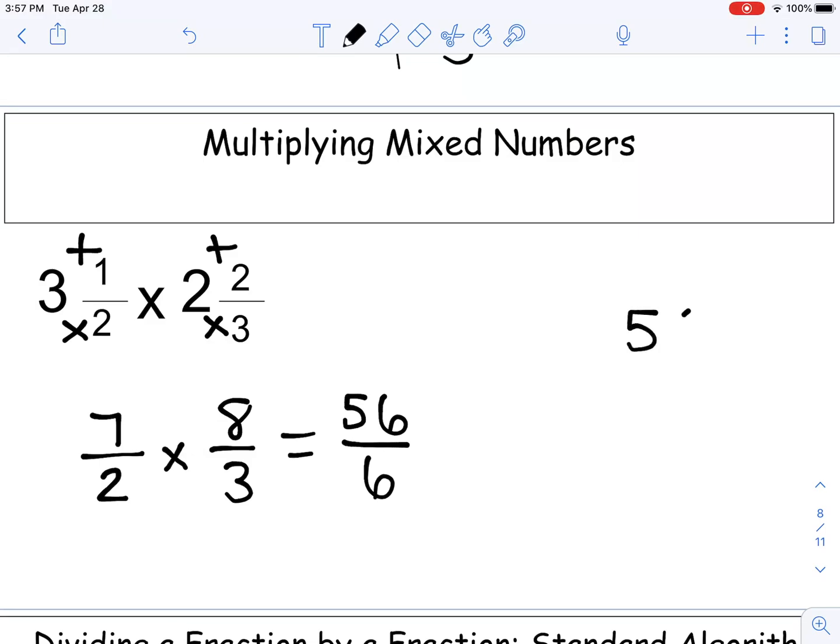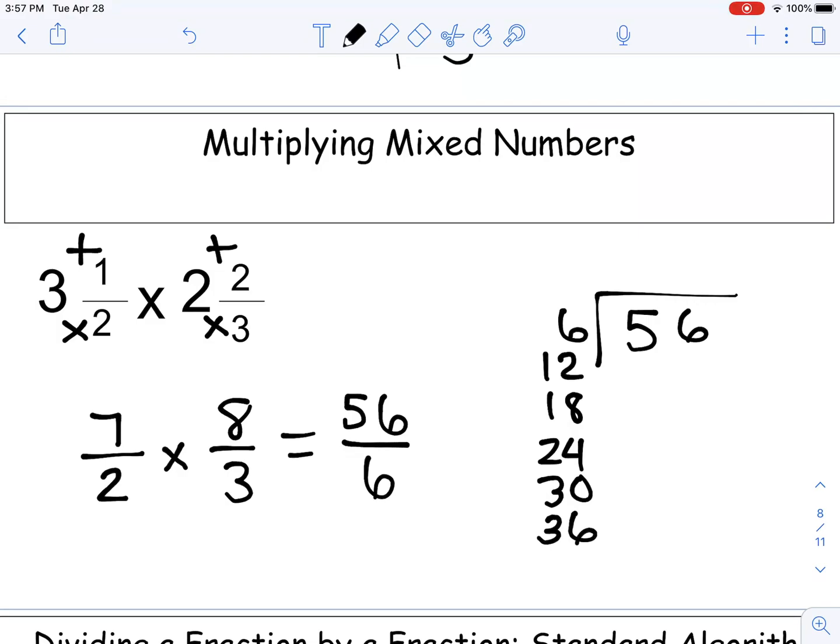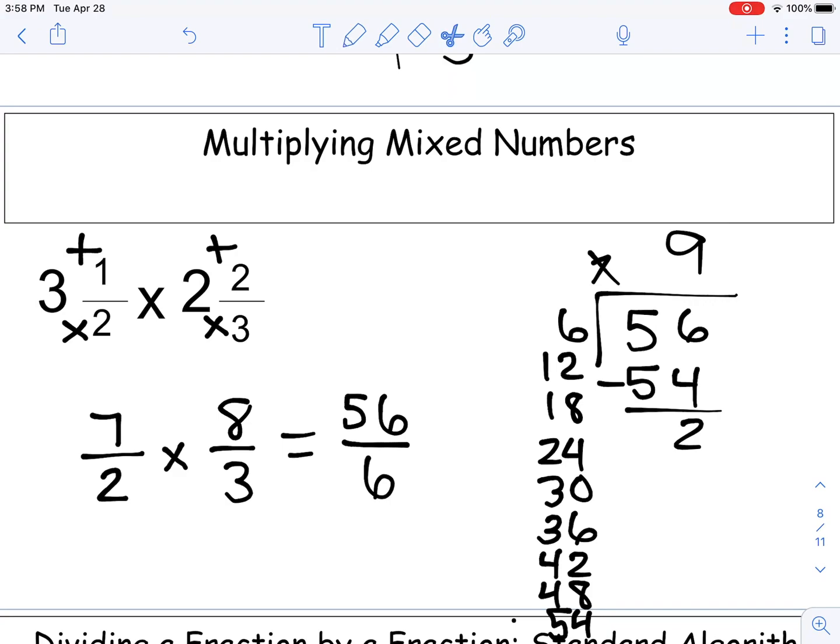Top is way bigger than bottom, so I'm going to need to divide that. Skip count strategy if you would like to use it. Just putting down our tools. 36, 42, 48, 54. So I know 54 is the closest, so I can get 9 groups. 9 times 6 is 54. Subtract, 2 left.